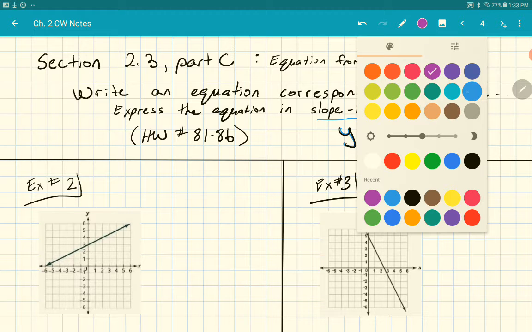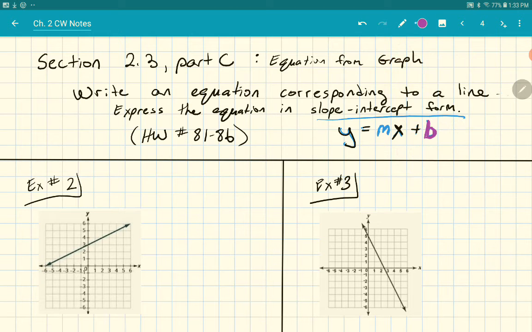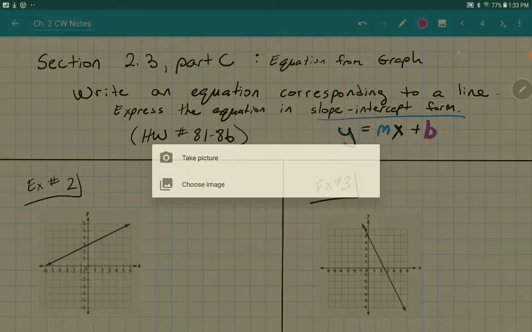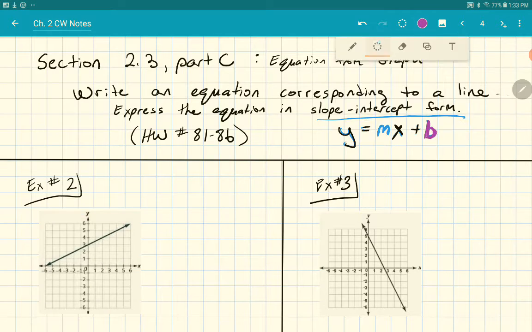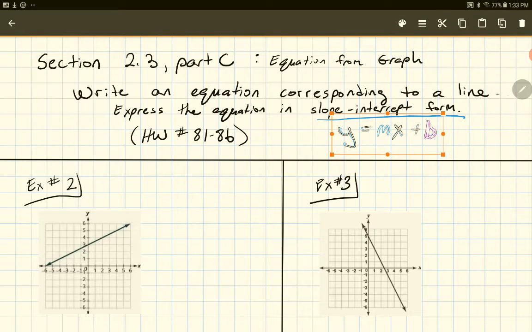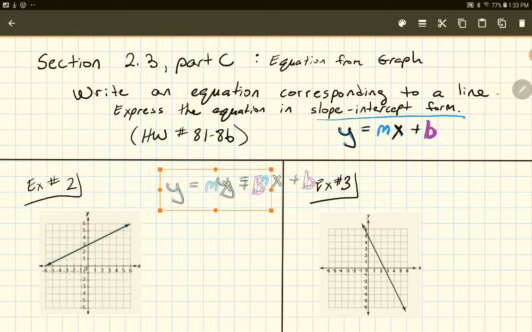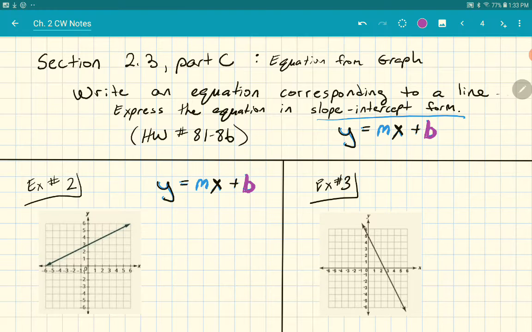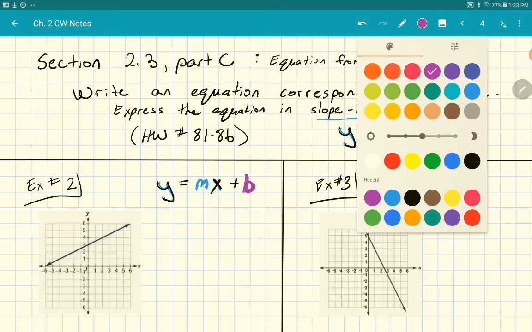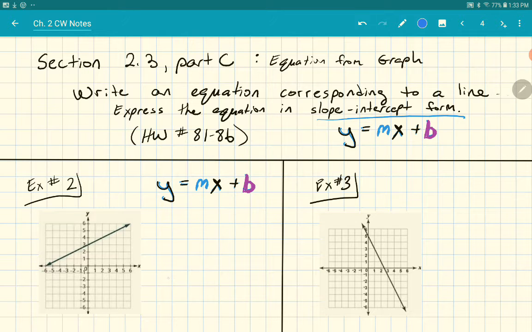All right, so I'm going to duplicate this equation here, and we just need to find that m and b. So if I find m and b, I can fill it in and be done.